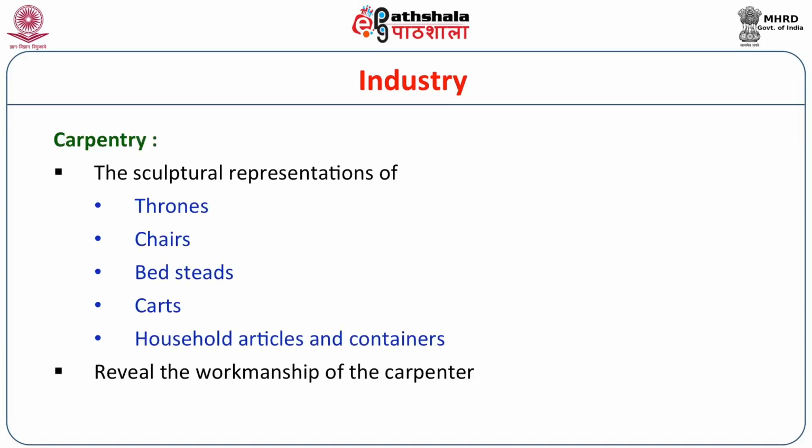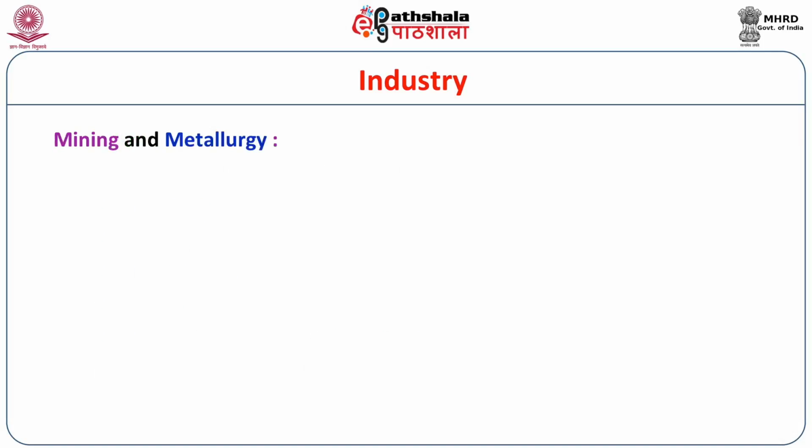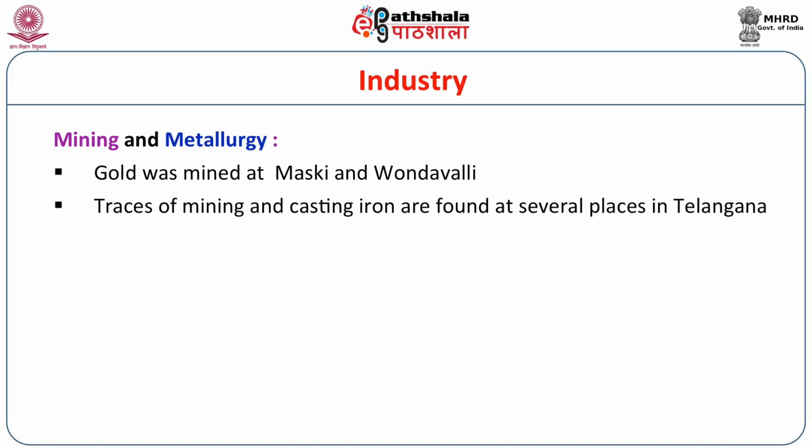Carpentry: sculptural representations of thrones, chairs, bedsteads, carts, household articles and containers. Let us come to mining and metallurgy. Gold was mined at Maski and Vandarvalli. Traces of mining and casting iron are found at several places of Telangana.